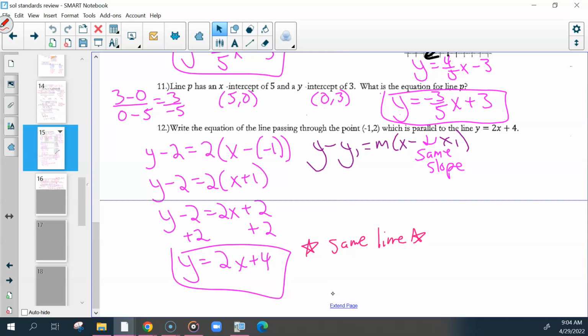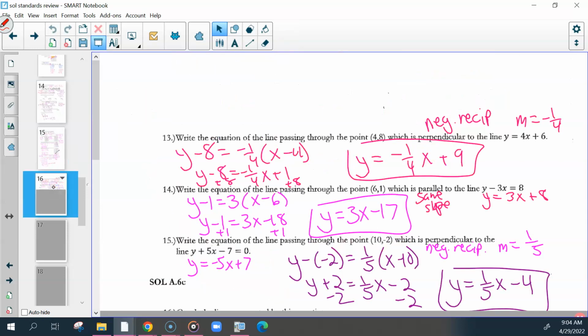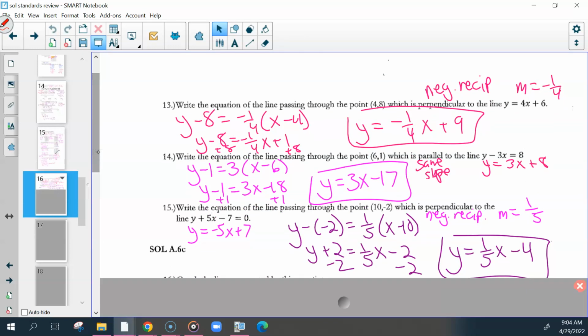The next couple of questions are similar. So 13 is now perpendicular, but doing the same thing. Algebraically, you would need to know that perpendicular means negative reciprocal slopes. So you would find the slope of this line and flip it, and make it a negative if it was positive and vice versa.